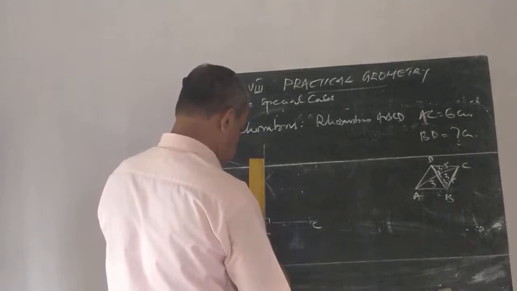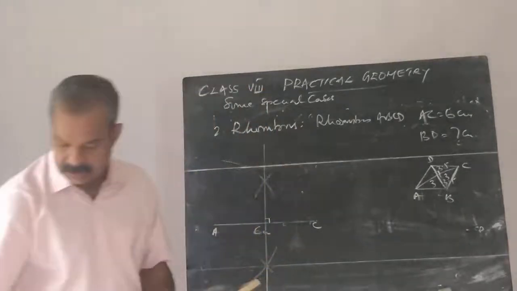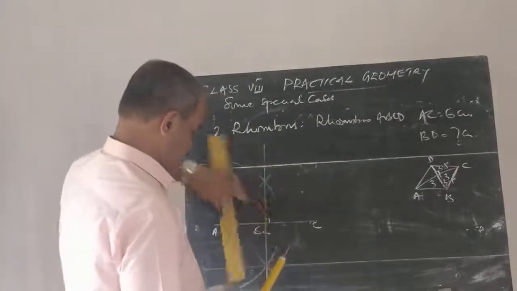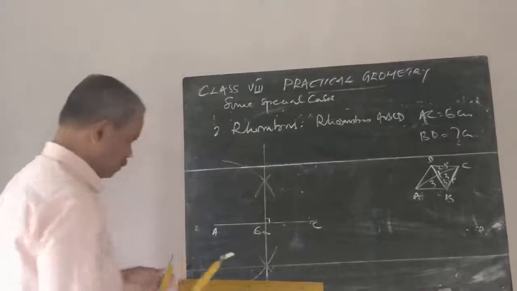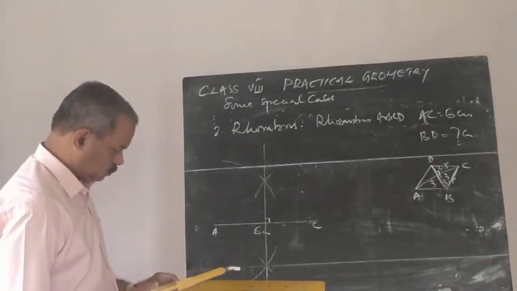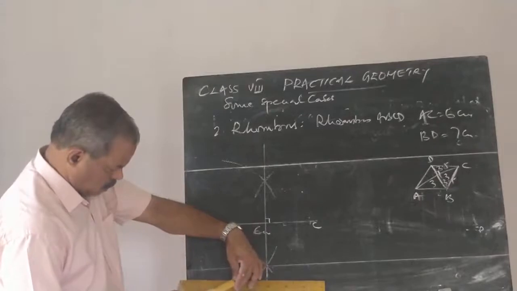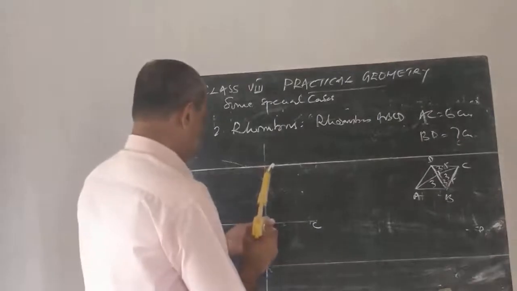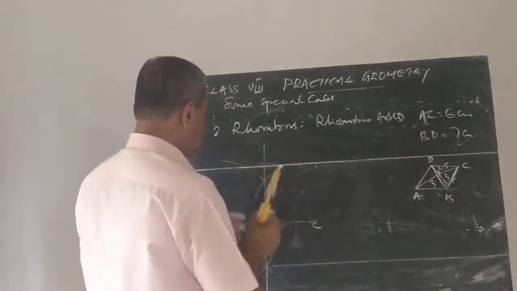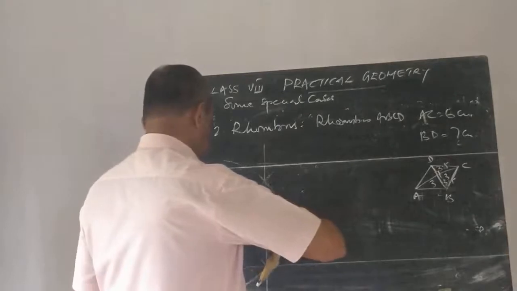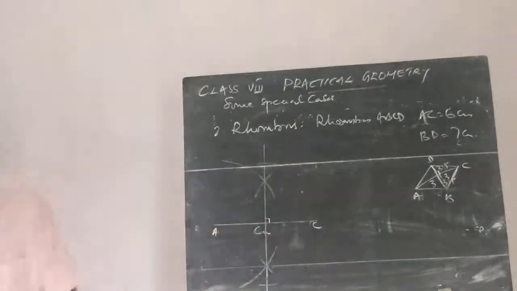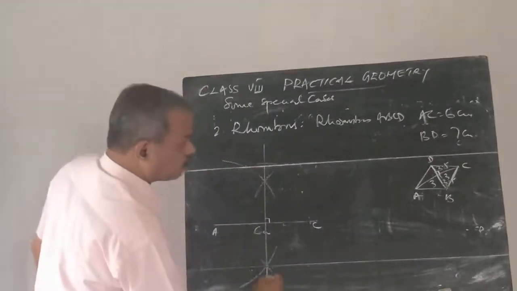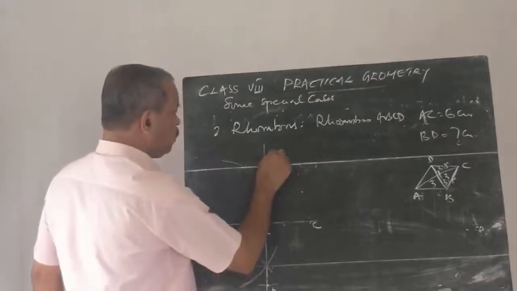So mark 3.5 upwards and 3.5 downwards. This is the point B. Join.